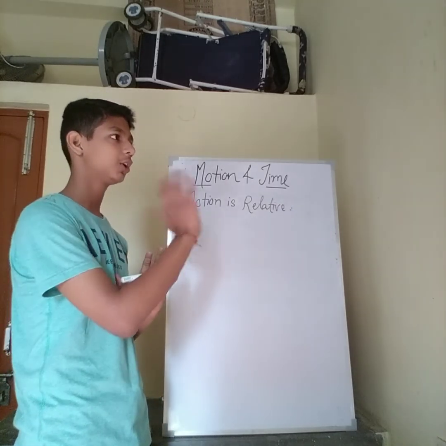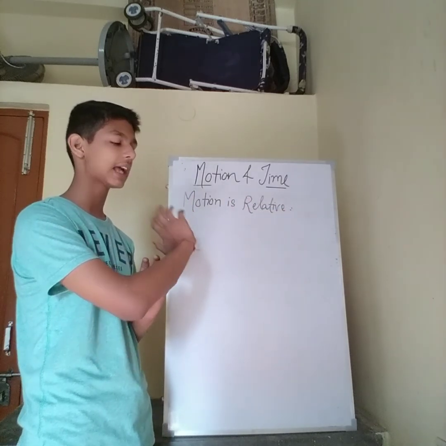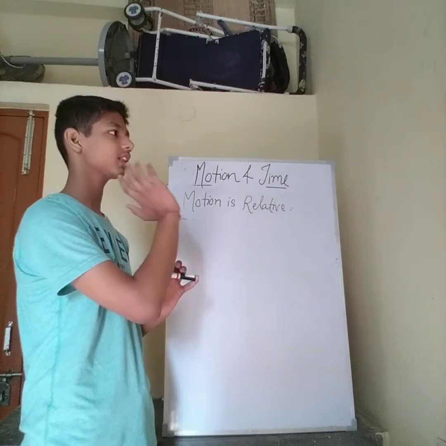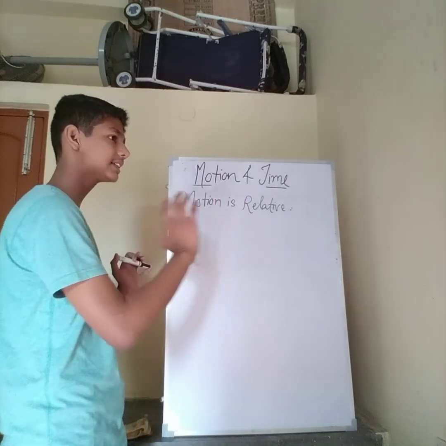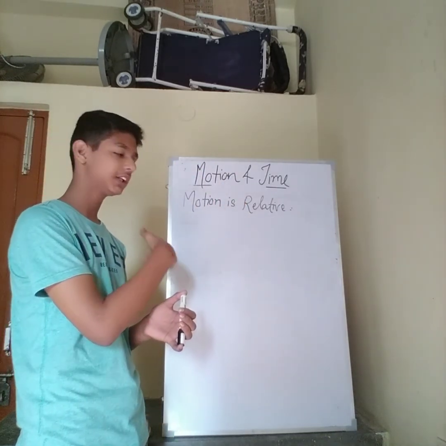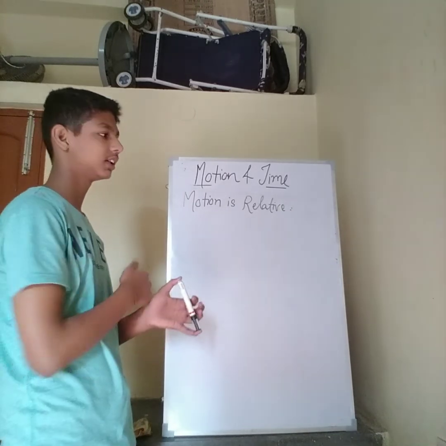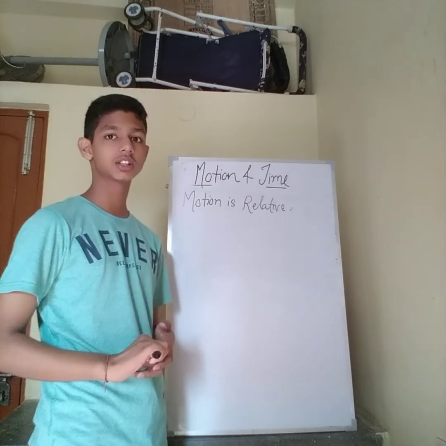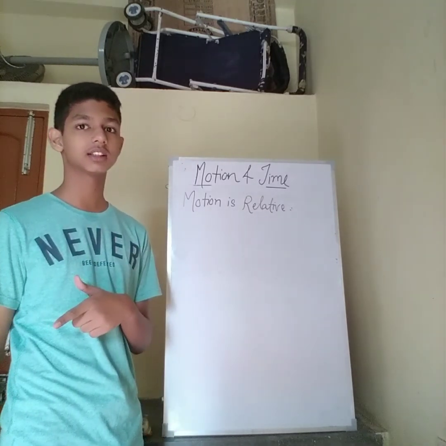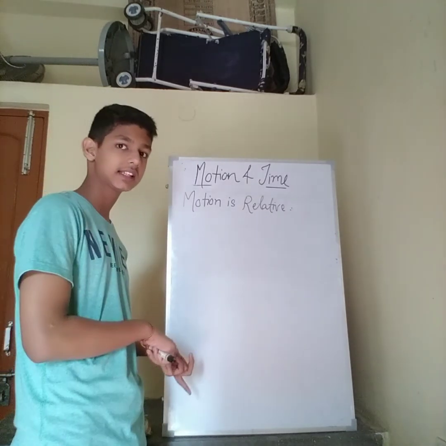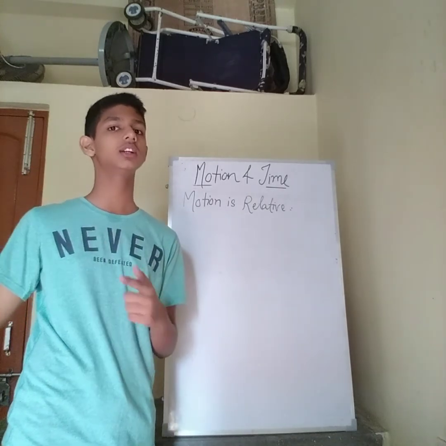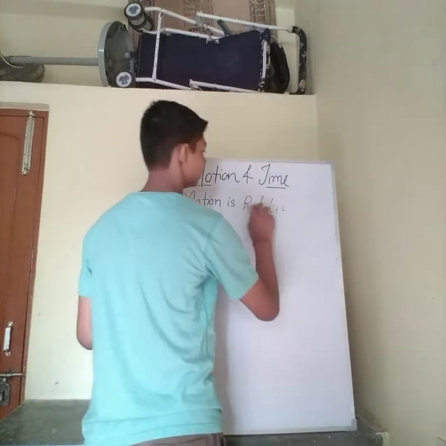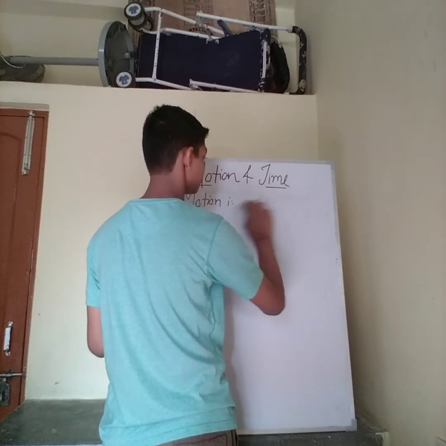If your beside passenger is sitting in the train firmly, then we observe that as time passes, the distance between you and your beside passenger does not change at all. Means you are at rest in this case, and you were in motion in that case. Okay? We have seen here motion is relative, not absolute.